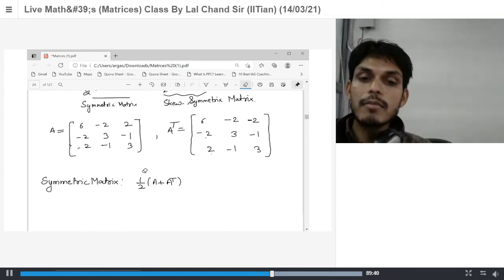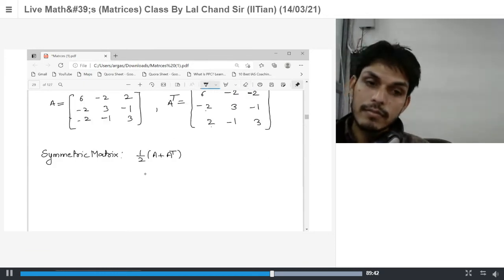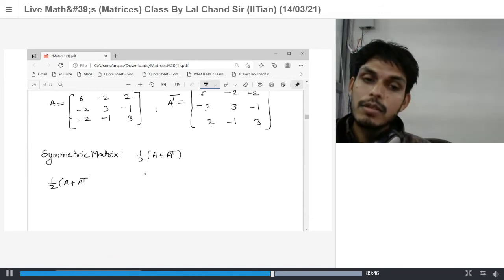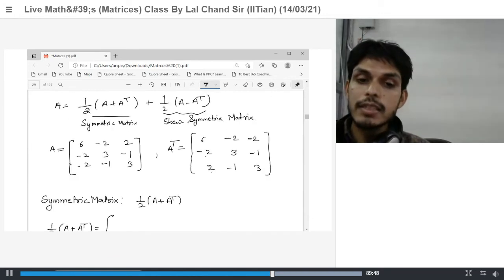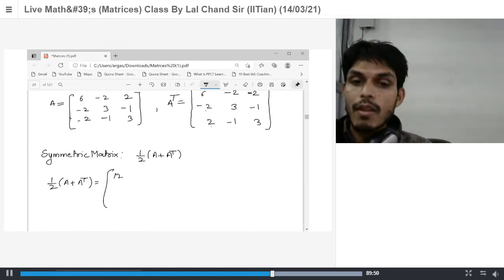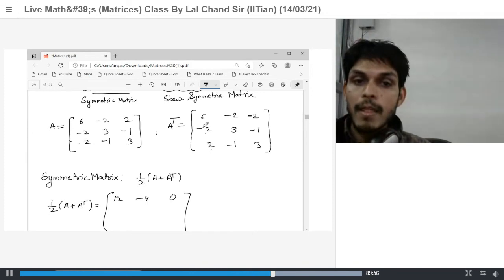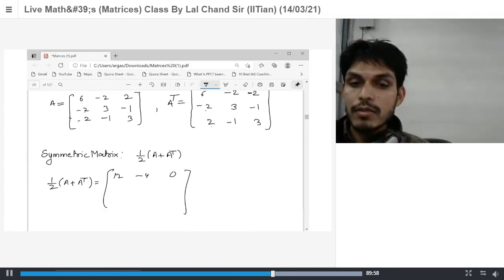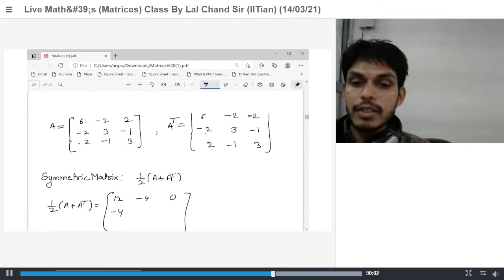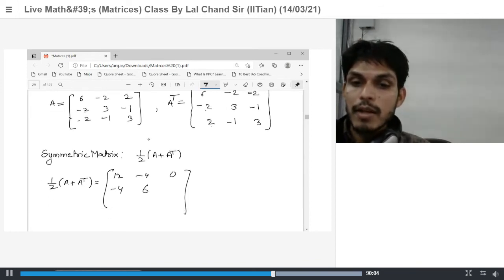So if I take the sum of these two matrices, 6 plus 6, 12, minus 4, 0. Minus 2, minus 2, minus 4. 3, 3, 6. Minus 2. This is 0. Minus 2, 6.